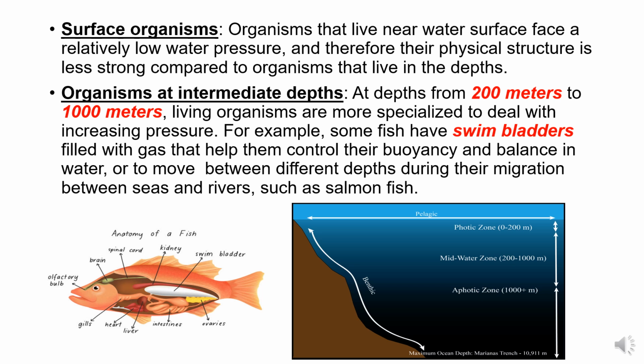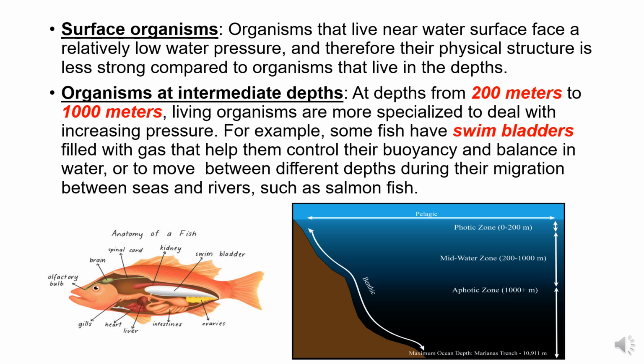To help them control their buoyancy and balance in water, or to move between different depths during their migration between sea and river, such as salmon fish. You can remember that salmon can migrate from fresh water to salty water.